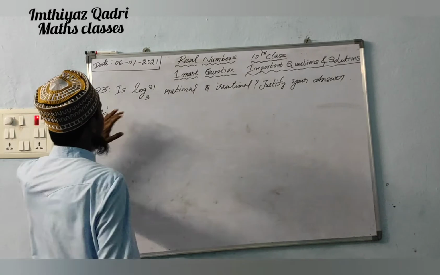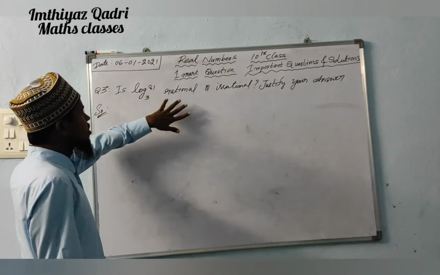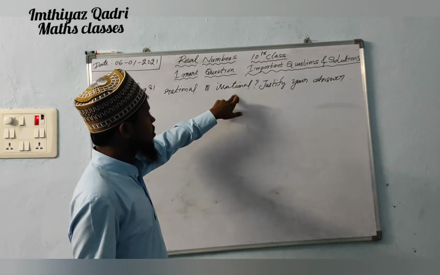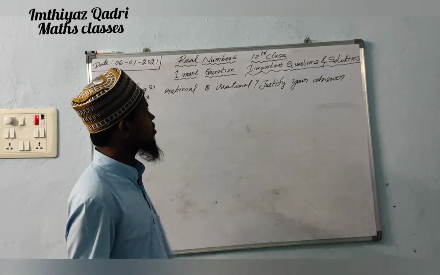Next question is log of 81 base 3 rational number or irrational number? Justify your answer.